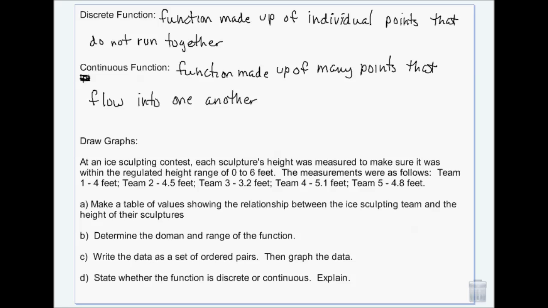Continuous functions are made up of many points that flow into one another. That's things like growing, or if you drain a pool, it drains slowly over time. Or you grow slowly over time. Or you fill things up slowly over time, like with water. It flows.